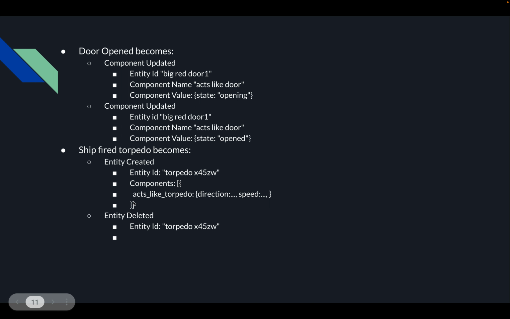But that client also has to be responsible for the cleanup. So you can't just create entities forever unless that torpedo is never going to go away. I feel like once it's 500 meters, maybe a kilometer out there, you should clean it up, so you're never going to see that. So that client should create an entity deleted to clean that out.